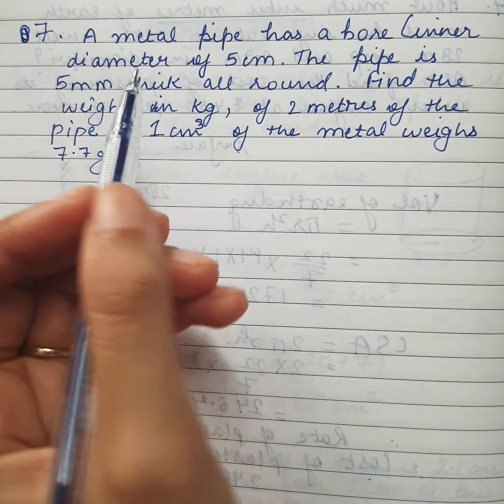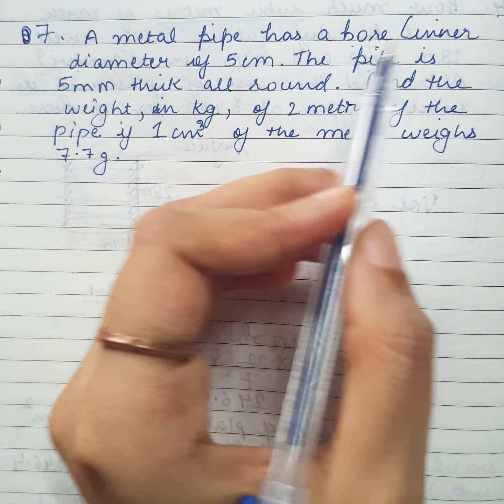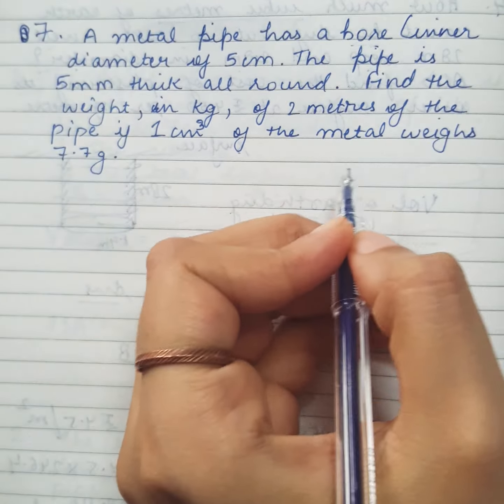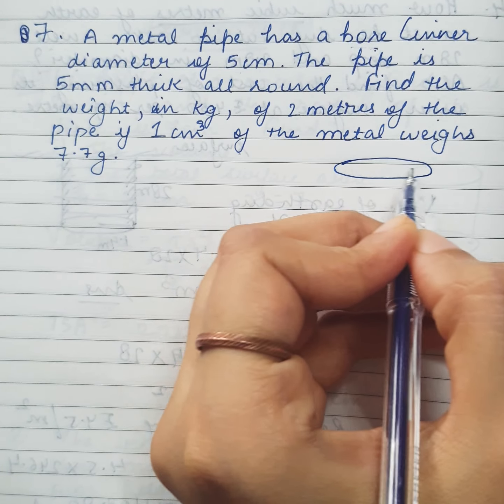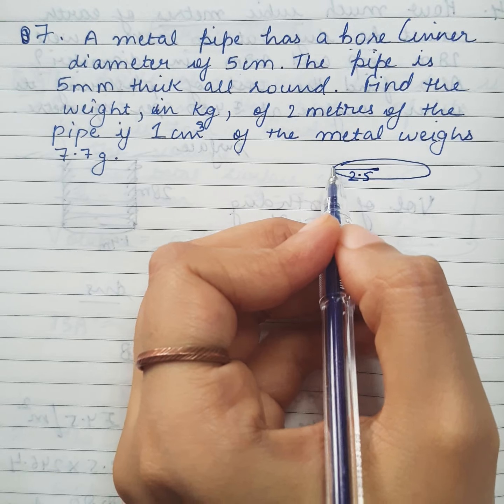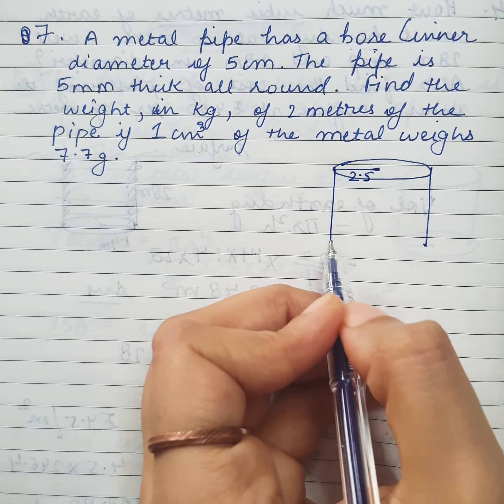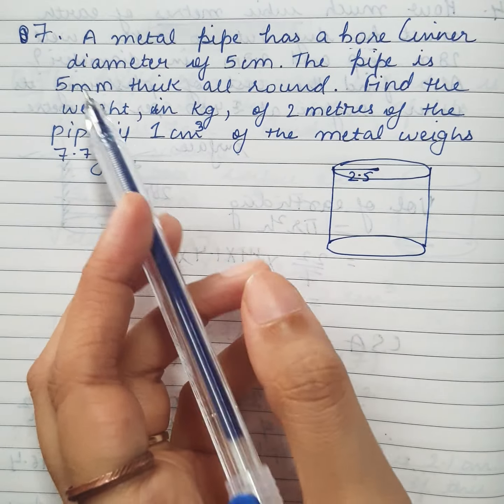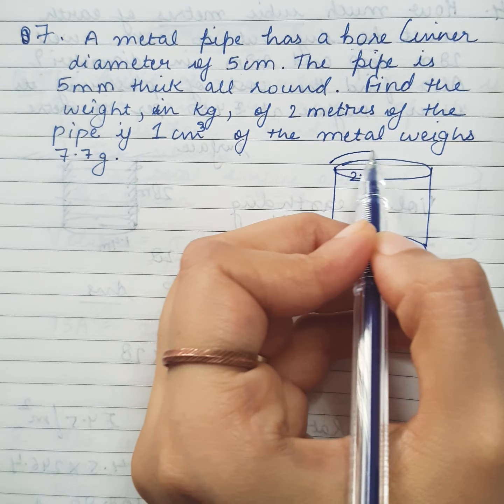Next question is, a metal pipe has a bore, meaning inner diameter, of 5, so inner radius 2.5 centimeter. Okay, so this is a pipe. The pipe is 5 mm thick.